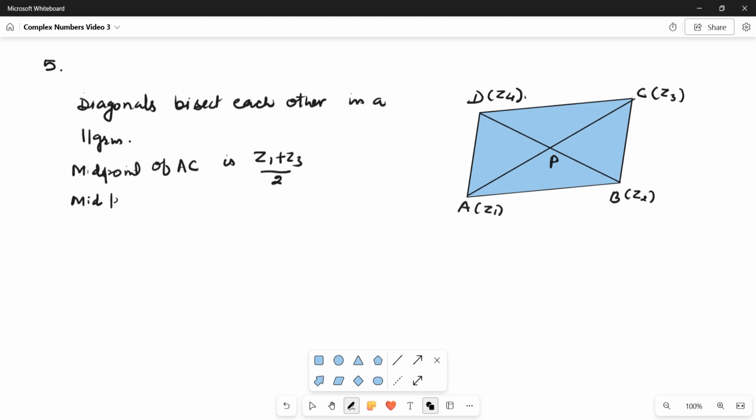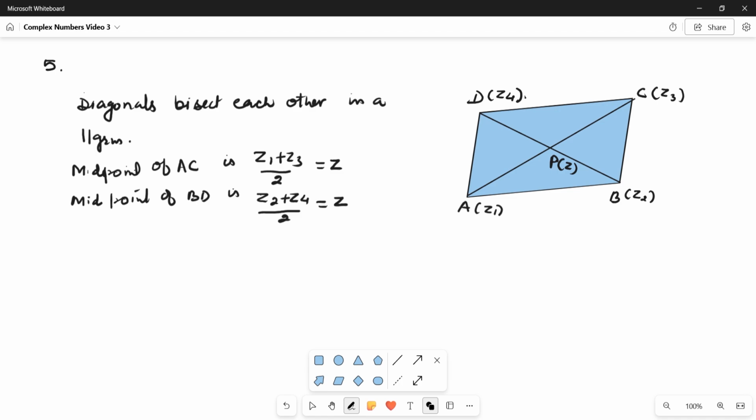Midpoint of BD geometrically is again P. So let this be Z. So this is Z, and the midpoint of BD is Z2 plus Z4 upon 2.